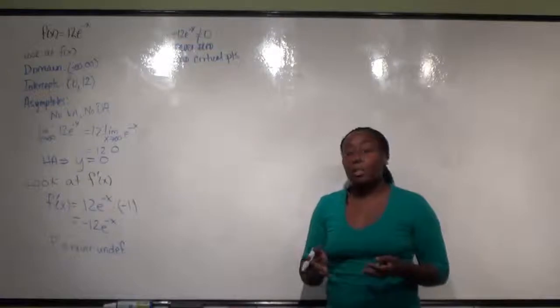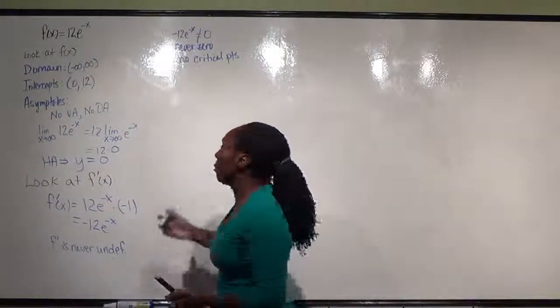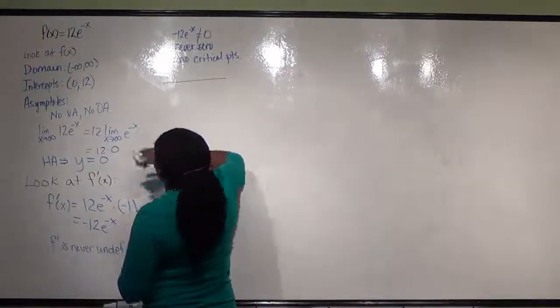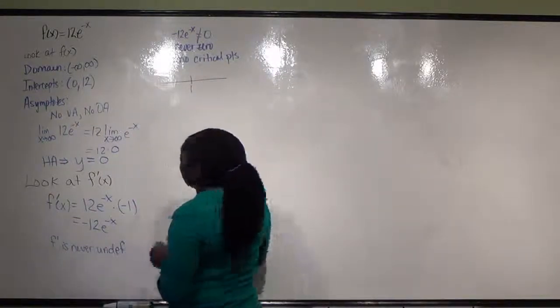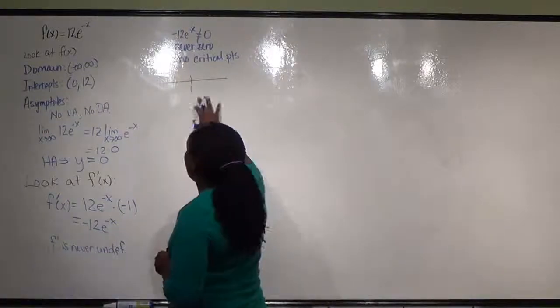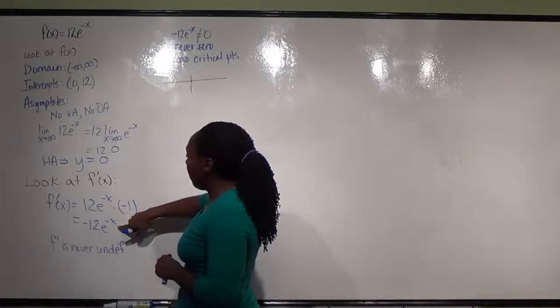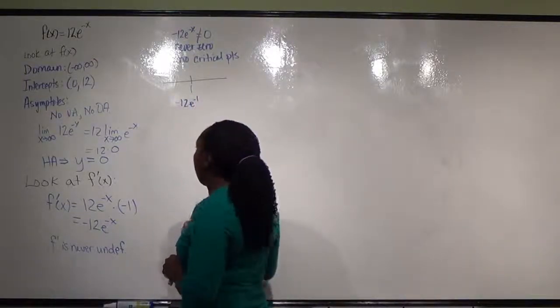So to determine increasing and decreasing, I basically just need to pick any value on the number line. So if I look at my number line, again, domain is all real numbers, I pick any value. Let's try 1. Okay. If I plug into my derivative, I'm going to get negative 12e to the negative 1.